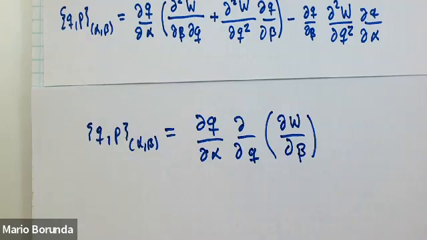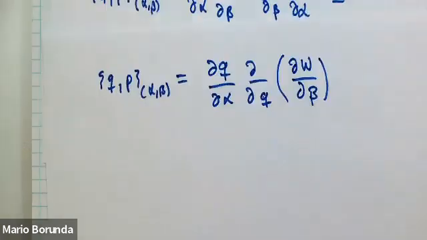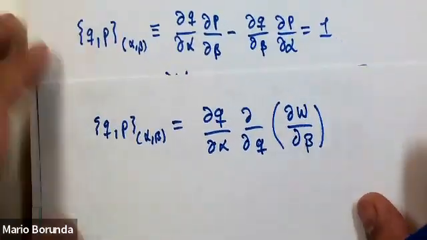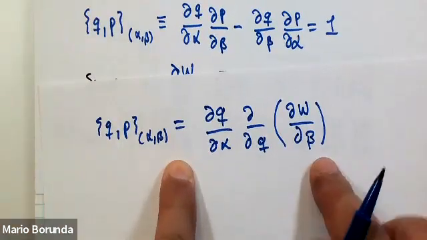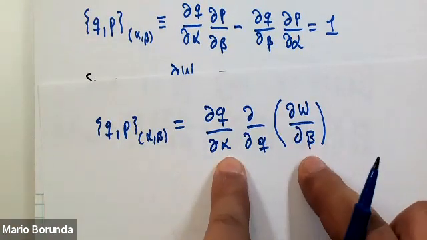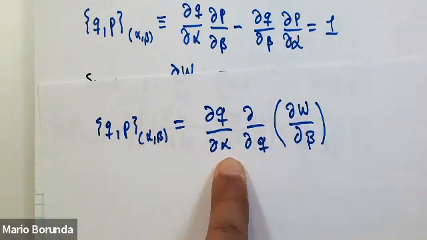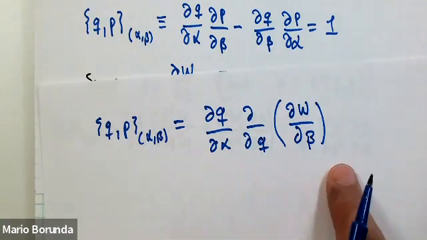So we need to come back and say, this is a canonical transformation. So we need to look back at this point right here. So this, to be canonical, has to be equal to 1. And we have written this one, and it has to be equal to 1. And what we're after is, what is the alpha that turns this to be equal to 1? So this whole thing has to be equal to 1.